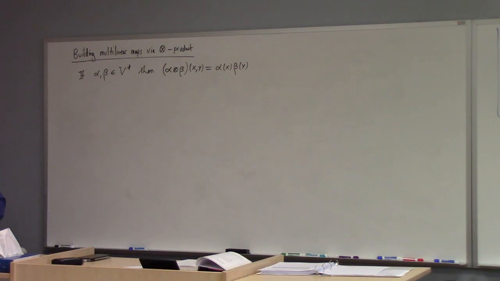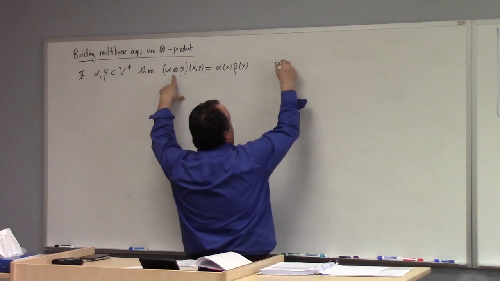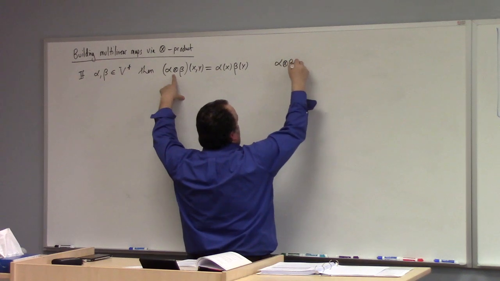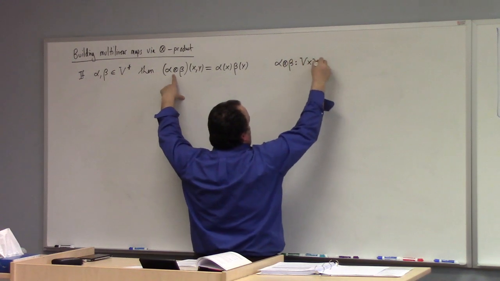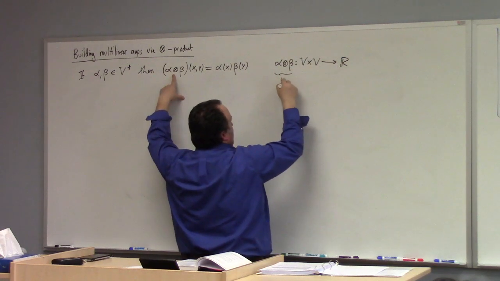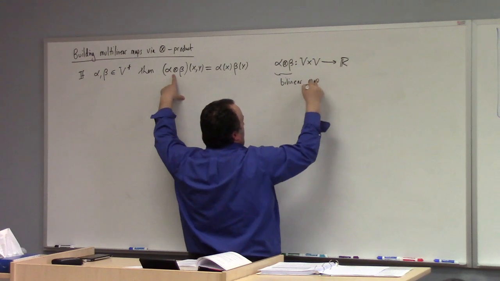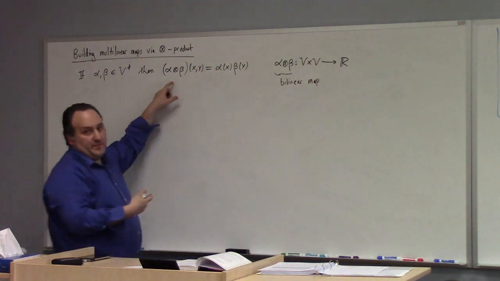Simply like that. So alpha tensor beta, we can prove, is actually a mapping from V cross V to the reals. And in fact, this will be a bilinear map. In other words, a 2-linear map.